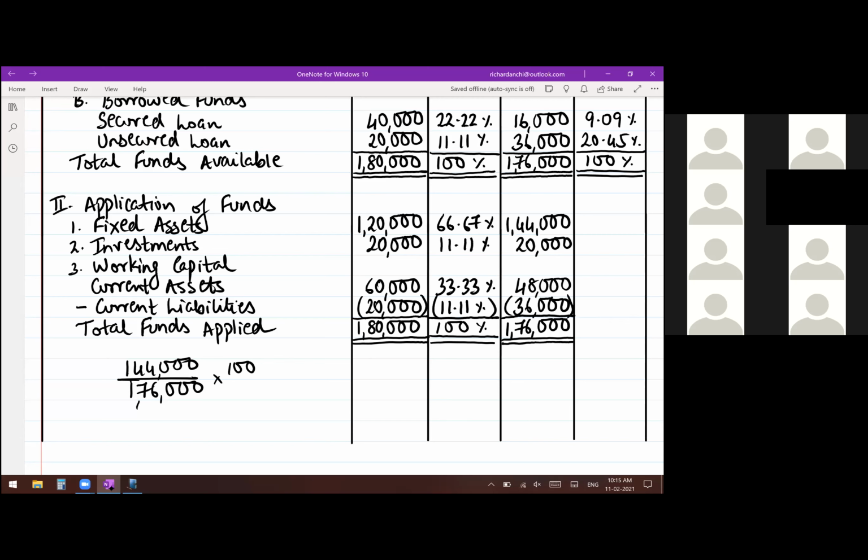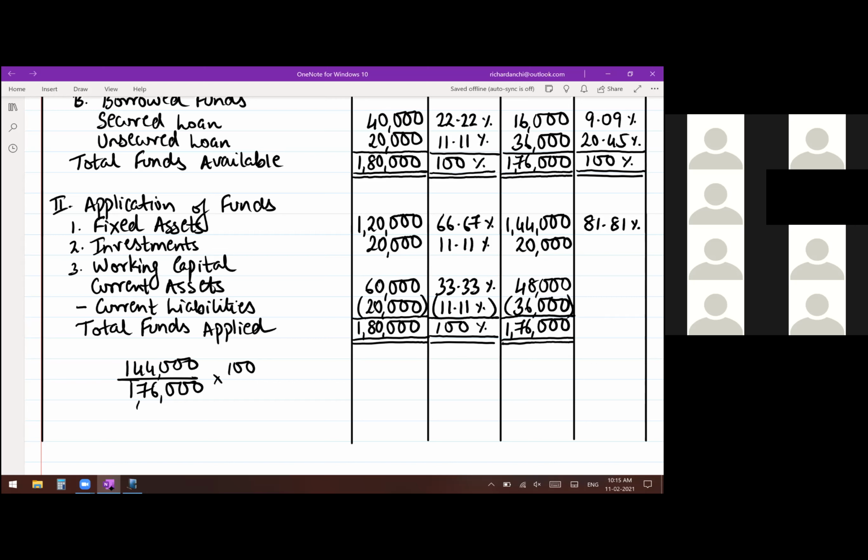Divide and tell me how much is that? 81.81%.